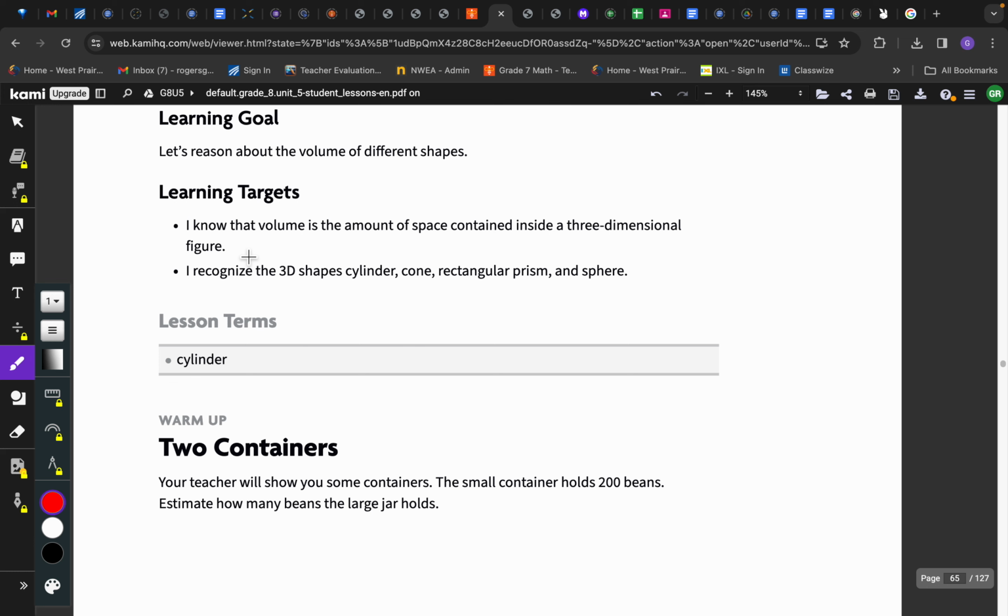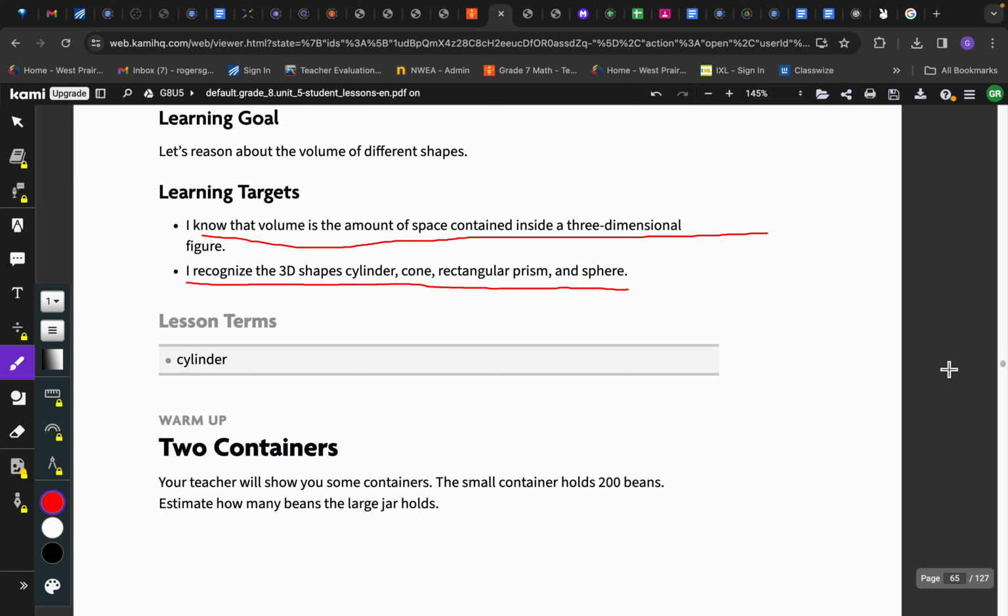It says here, I know that the volume is the amount of space contained inside a three-dimensional figure, and I recognize the 3D shapes cylinder, cone, rectangular prism, and sphere. Most of us probably do that already, but anyway, we're continuing our journey with volume.